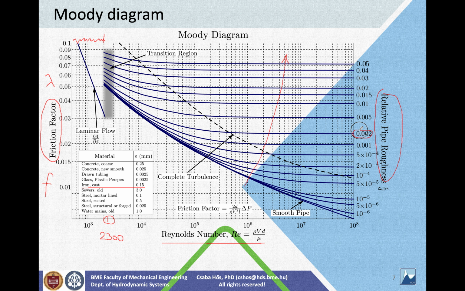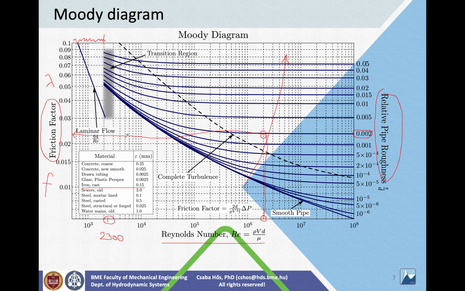Okay, so this is your relative roughness, and then you have the velocity, the pipe diameter, your fluid, and let's say that this is your Reynolds number here, and then you simply have a look what the lambda value is for this Reynolds number.